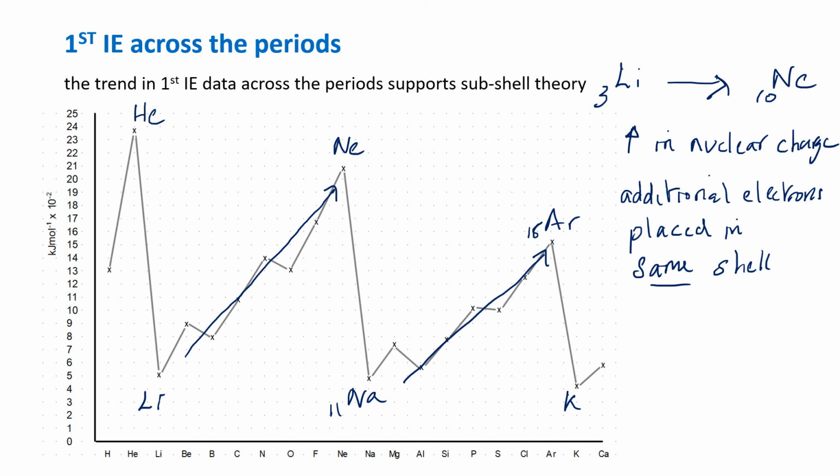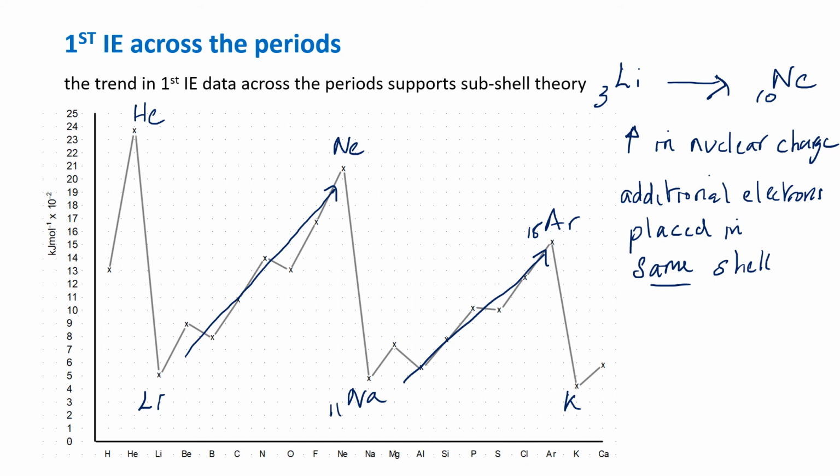So the distance from the nucleus remains approximately the same for each additional electron, and the inner shell's shielding remains the same. So two factors, the distance from the nucleus to the outer shell and the number of inner shells, remain the same.